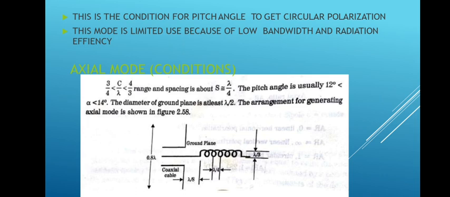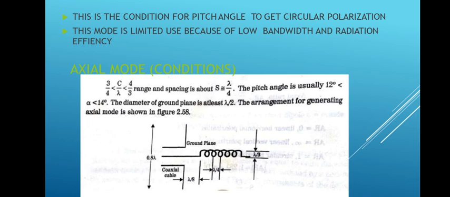The mode of operation is obtained by raising the circumference to the order of a wavelength lambda, and the spacing is equivalent to lambda by 4, already given here. The radiation pattern is broad and directional along the axis. It produces very few minor lobes at oblique angles.